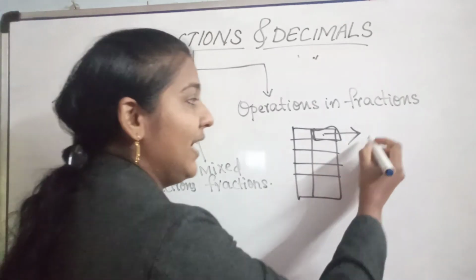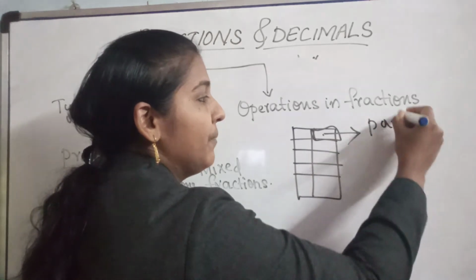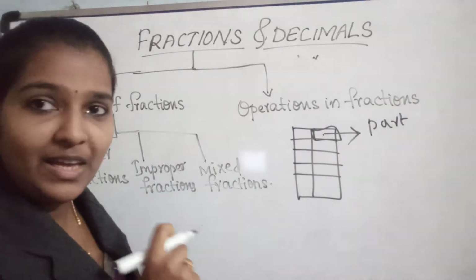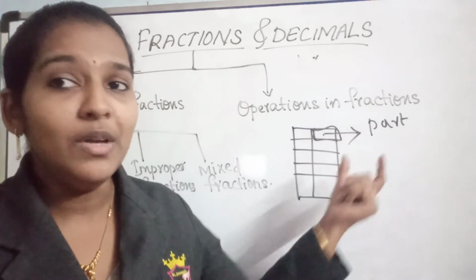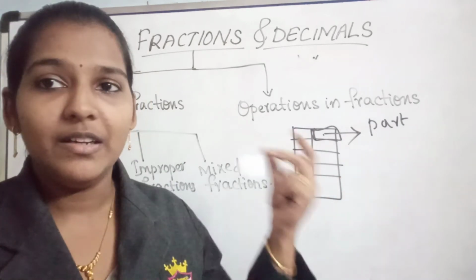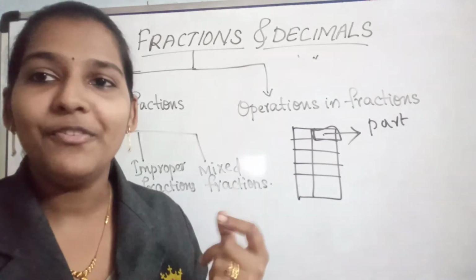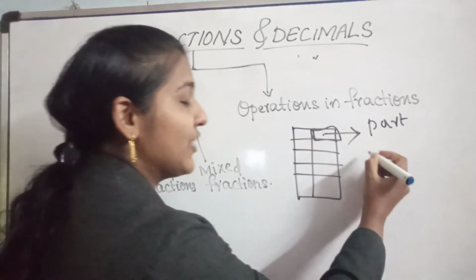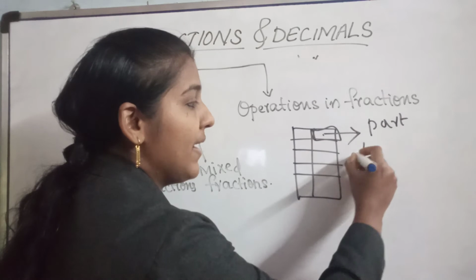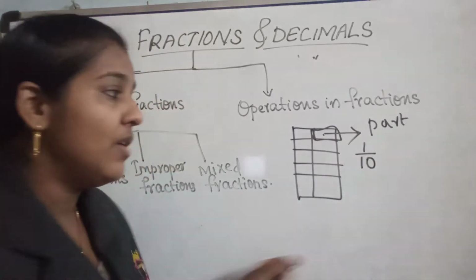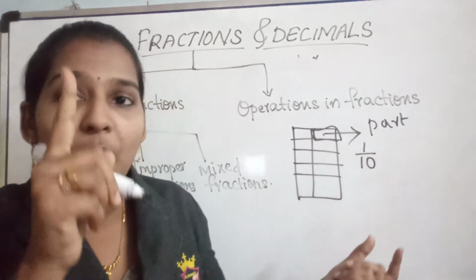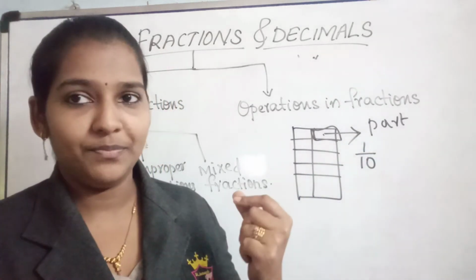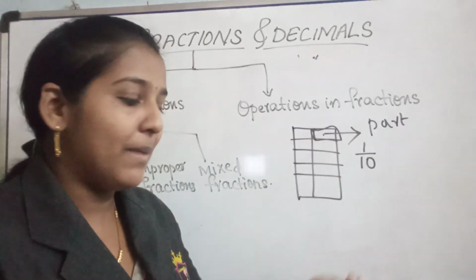There is a type of number which we can use to represent this, and that is a fraction. We can write it as 1 by 10. There are a total of 10 parts, and I took one part from that, which shows 1 by 10.